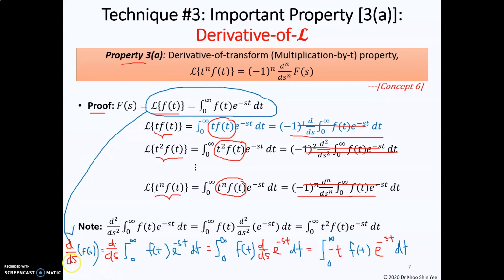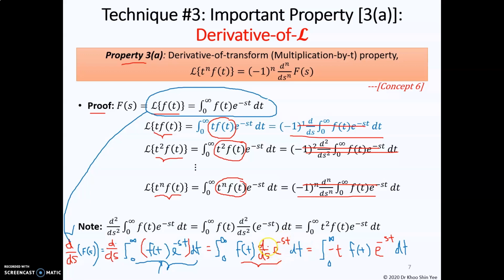If you differentiate F(x) with respect to x, we can substitute F(x) to be this inside here. So this is our F(x). Now we differentiate it with respect to x. We take the differentiation first with respect to x for the component inside, and we get this because f(t) is a constant with respect to dx.